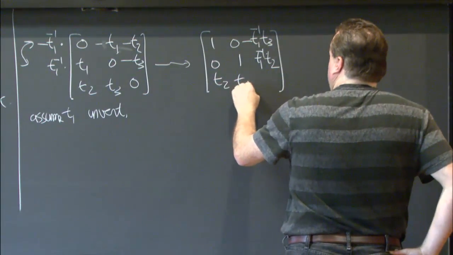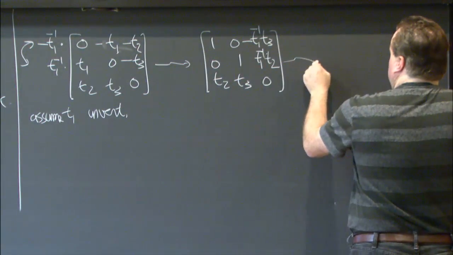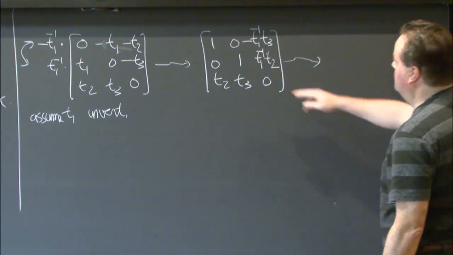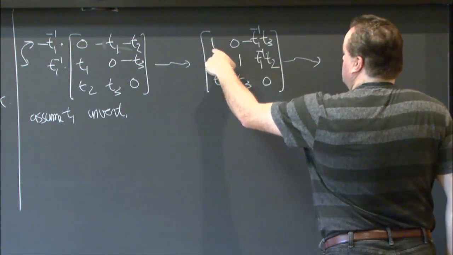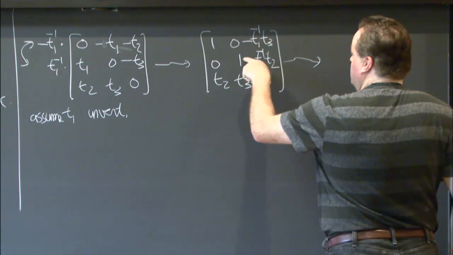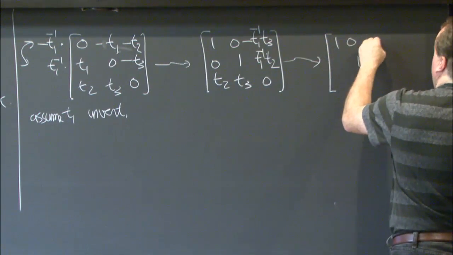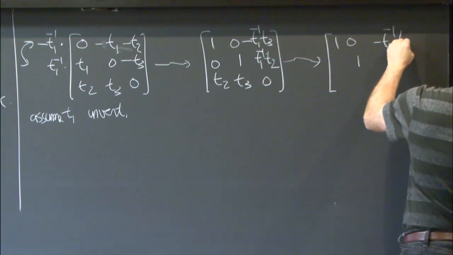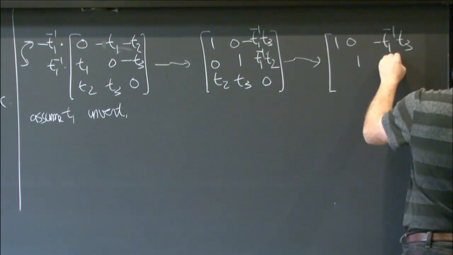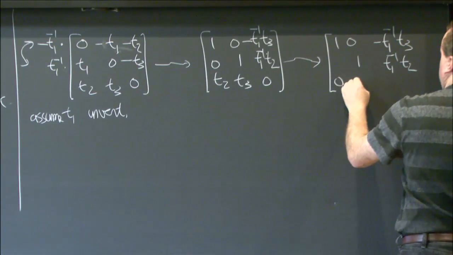This didn't change. And so we can do some more operations, subtract T2 times the first row from this row, and T3 times the second row. And so we end up with this matrix. Zero, 0.